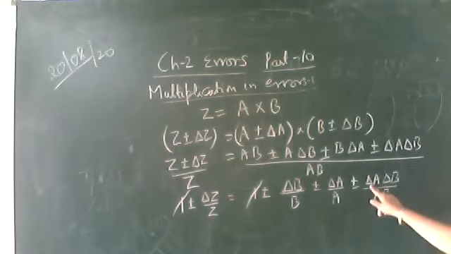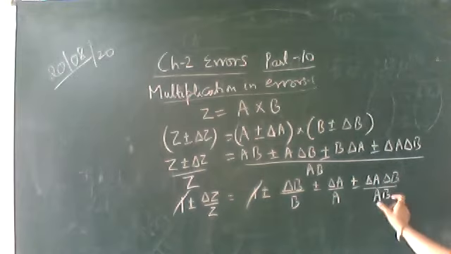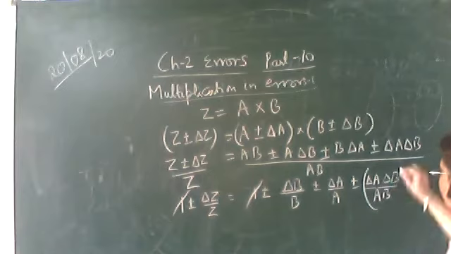So delta a is very small, delta b is also very small, and the product of them will be a very, very small quantity. The product of these small quantities divided by a into b, which is quite a finite quantity, becomes very, very small.